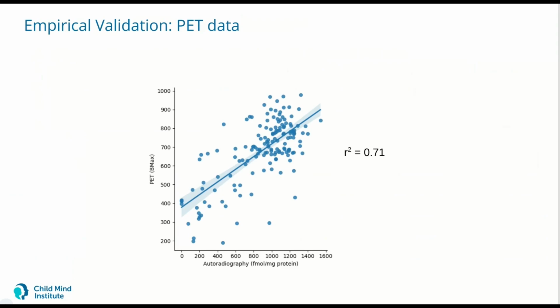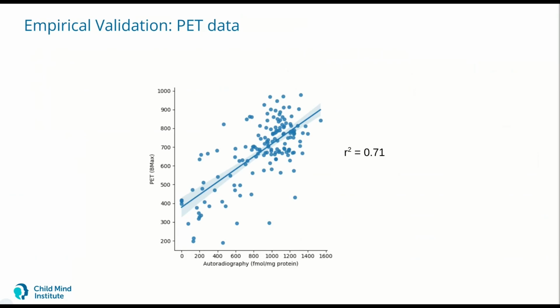The R squared was 0.71, so it indicated a good correlation between the batch-corrected autoradiography and the PET atlas. Now, what is somewhat vexatious about this, however, is that before doing batch correction, the R squared value is actually 0.69. So you might say, okay, there's not much of an improvement from the batch correction.